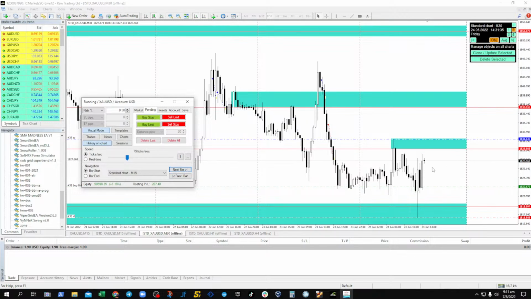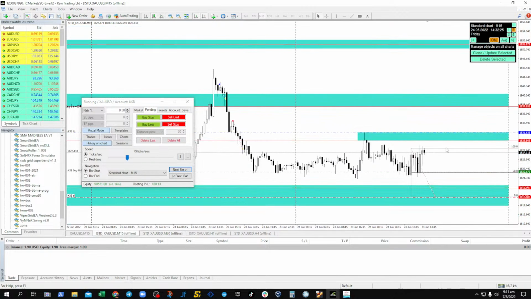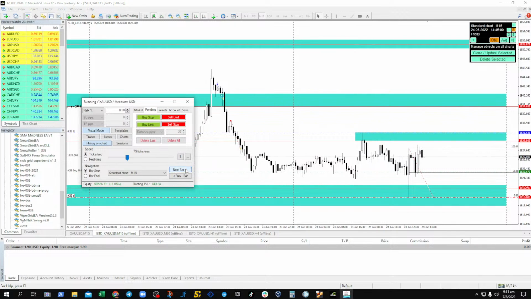But we are at this rejection zone. Price has been rejecting this many times, and it's not able to close above this one. So, oh, come on. 7:30 p.m. should have volume to continue to go up.